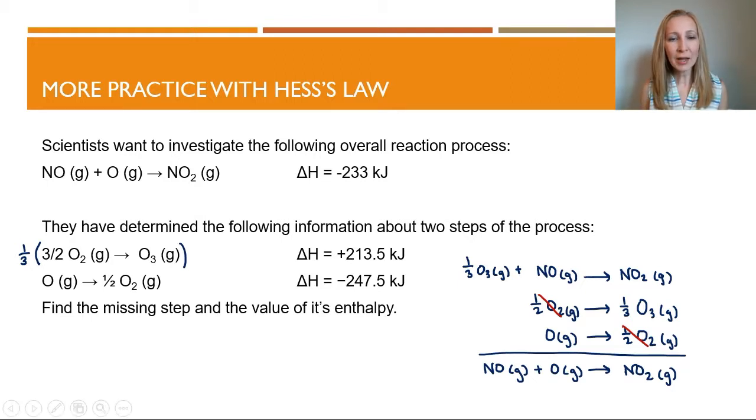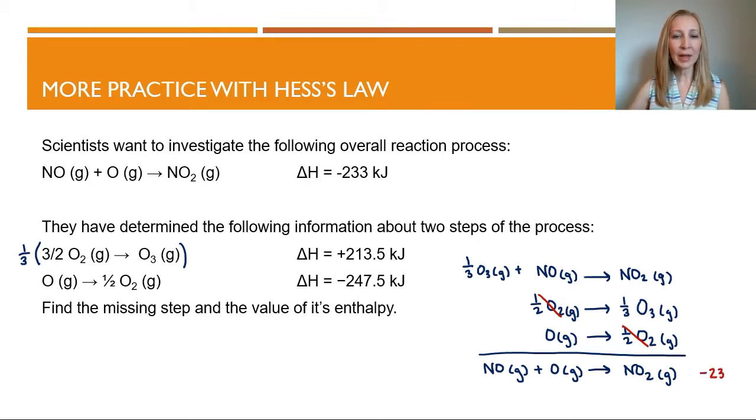So here's my unknown step. Whatever was missing out of that problem here, I need to include in that step. So like I'm going to show you here, that allows me to cancel out that 1/3 O3 and give me a final overall summation of NO plus O gives me NO2.